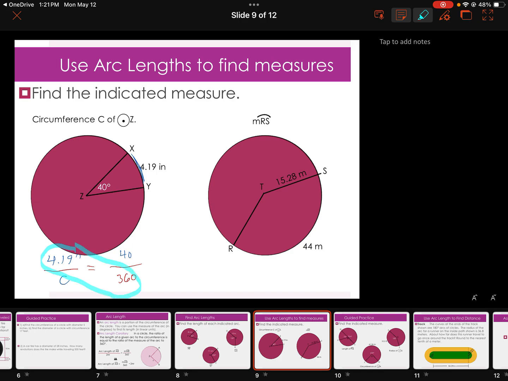Cross multiply. Multiply those guys and then divide by 40. Okay, make sure you type it in and you're getting what I'm getting. 4.19 times 360 gives me a number. I'm dividing that by 40. This gives me 37.71.